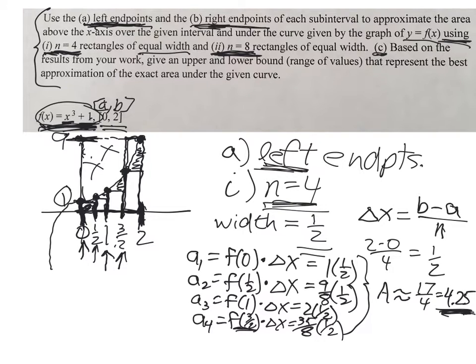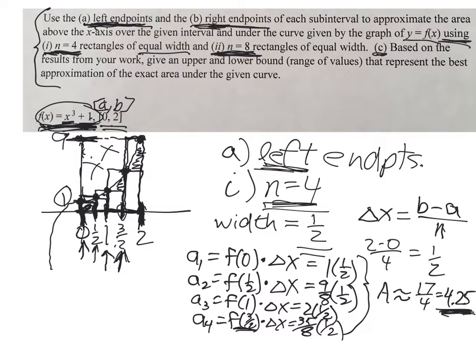And then the third rectangle, using the right endpoint, would be the 3/2. We have that as our third rectangle. Second rectangle will be this, and then the first rectangle will be this.